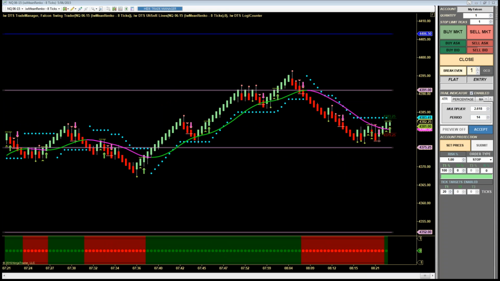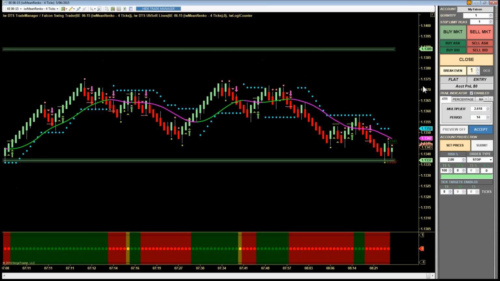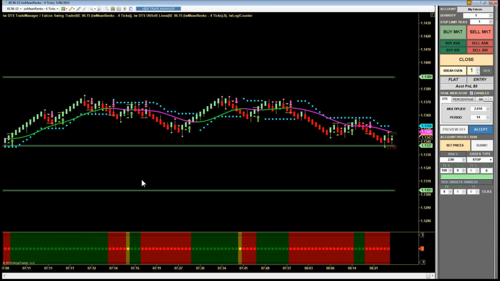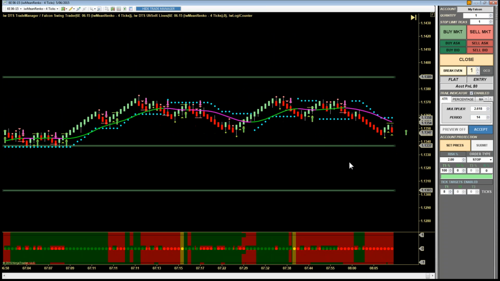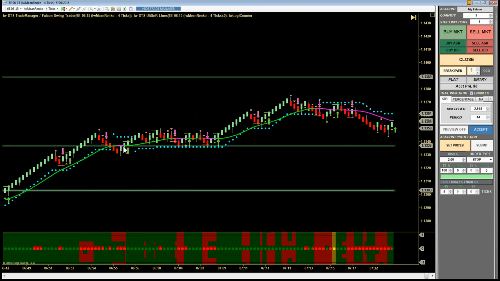And I might as well show you the support and resistance suite here on the euro. You can see it's currently bullish because we're within the green zone of the resistance band. And we're kind of honoring this resistance here around the 113.40 area.